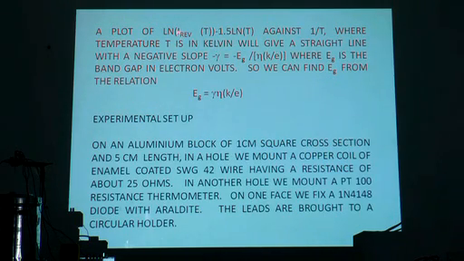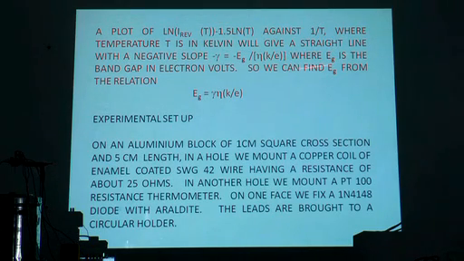So, we plot logarithm of I reverse T minus 1.5 log T against 1 by T, where temperature T is in Kelvin. This will be a straight line with a negative slope minus gamma, which is minus E g by eta into k by e.